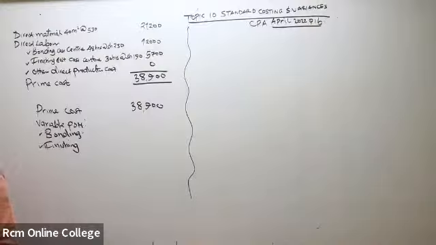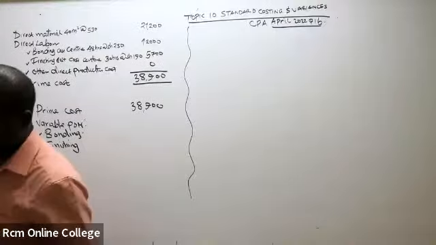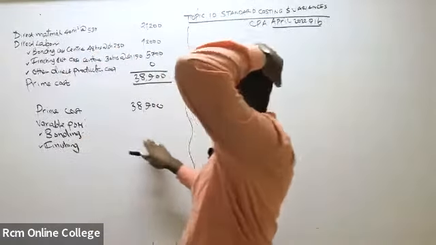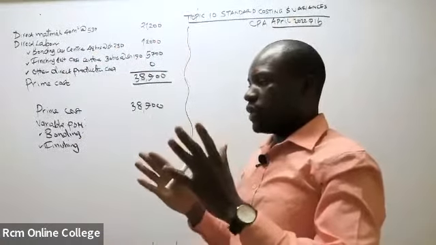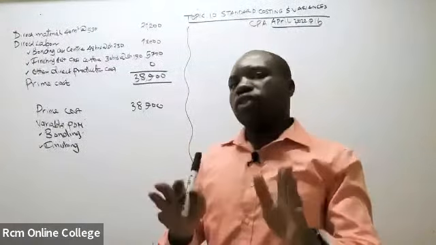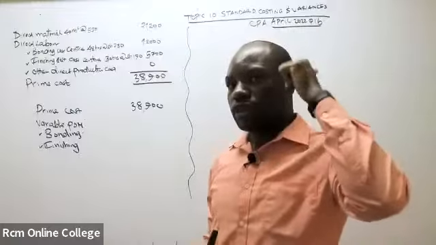Overhead absorption rate times hours taken per unit. So what you're going to do here, we all know that the total cost given here, yes, the overhead absorption rate is hours, but the total cost that was incurred corresponds to how many units?